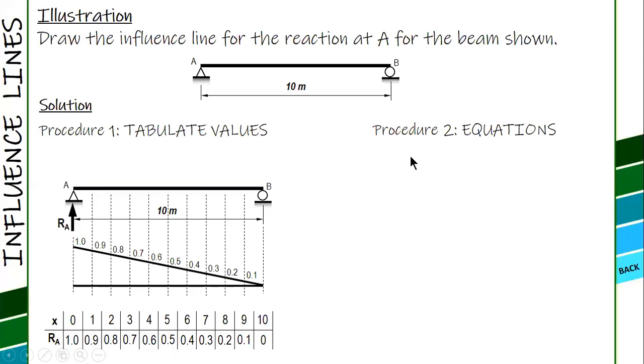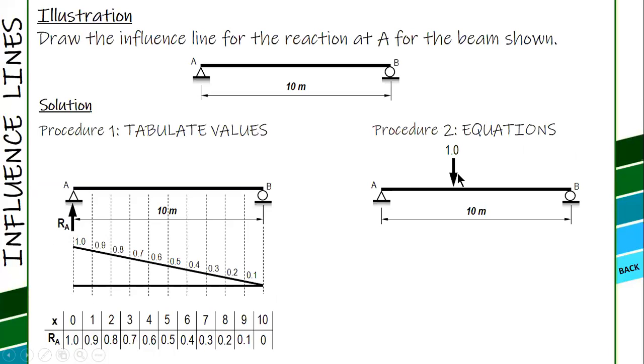Procedure number 2 is to use equations. You have this beam, then you place the load at an arbitrary point where the distance is equal to x, and get RA as a function of x.